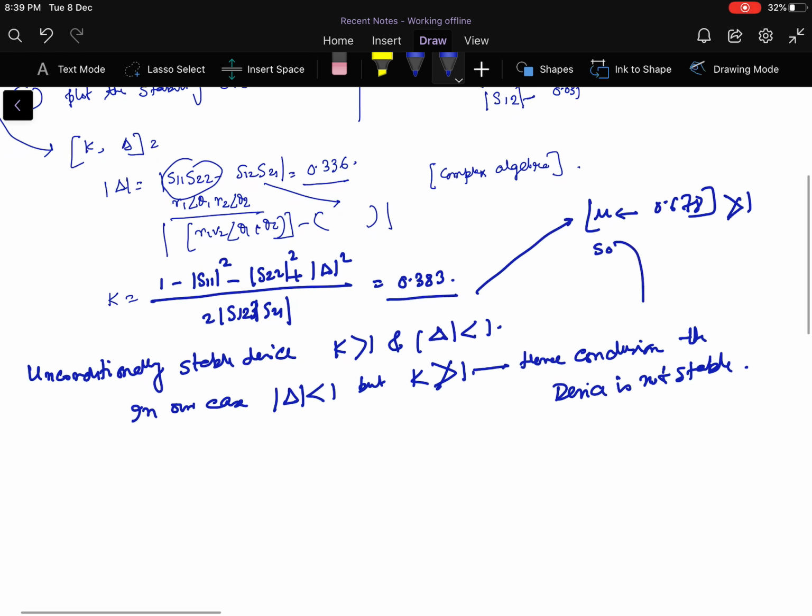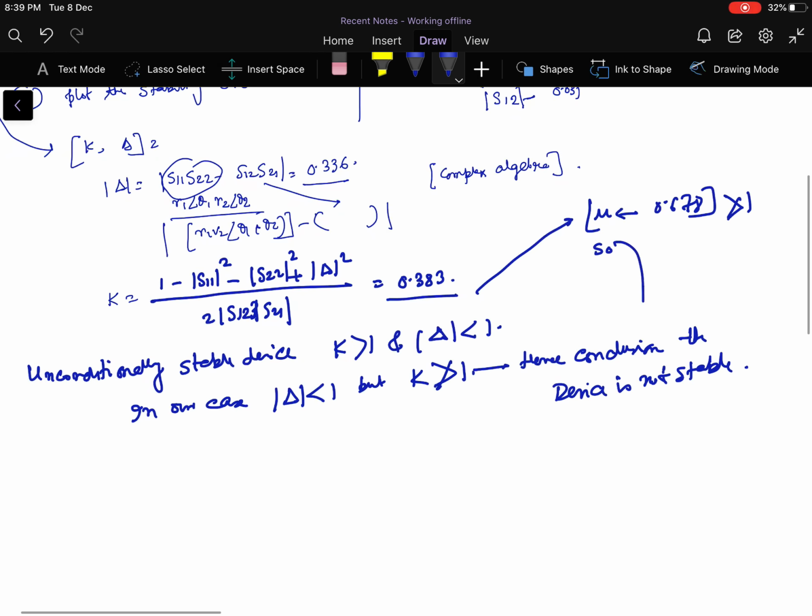Now to draw the stability circles, let's say I am interested in the output stability circle.